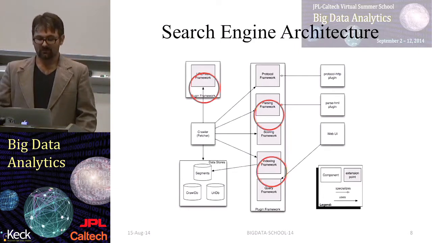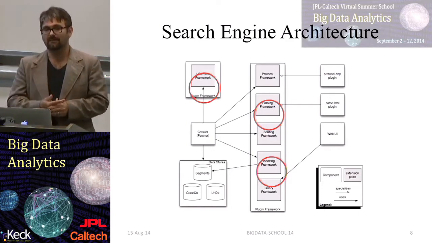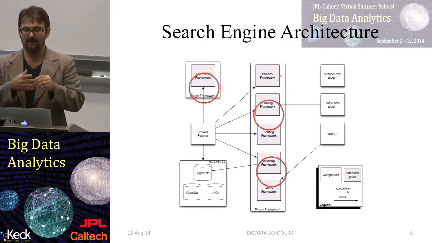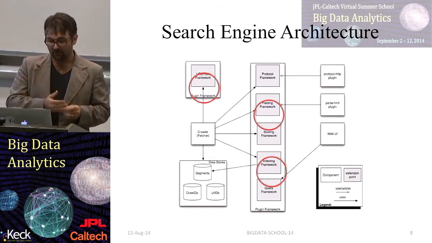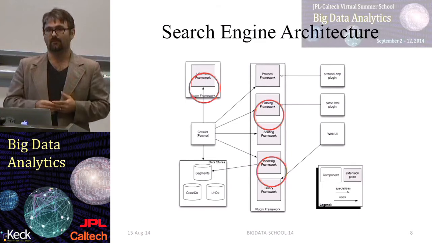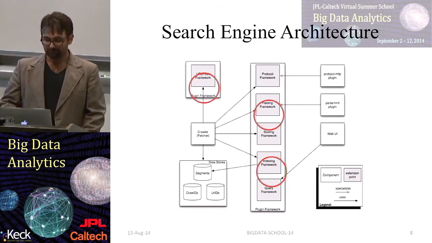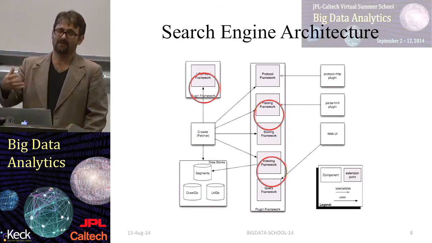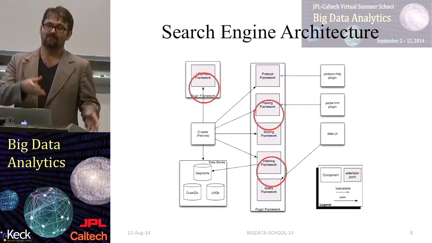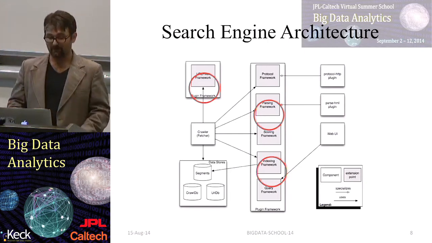Right? So search engines have things like protocol frameworks to download content over different protocols like FTP, HTTP. They have parsing frameworks, which when they download content over a particular protocol, have to parse the text and the metadata out. They have indexing frameworks, which decide how to take the text and the metadata and put it in a search index to make it available later for search.